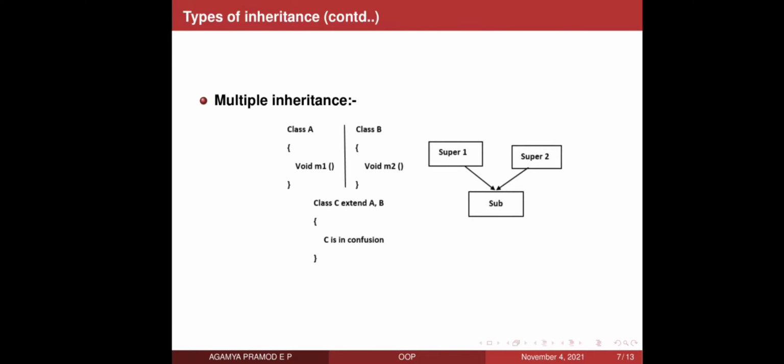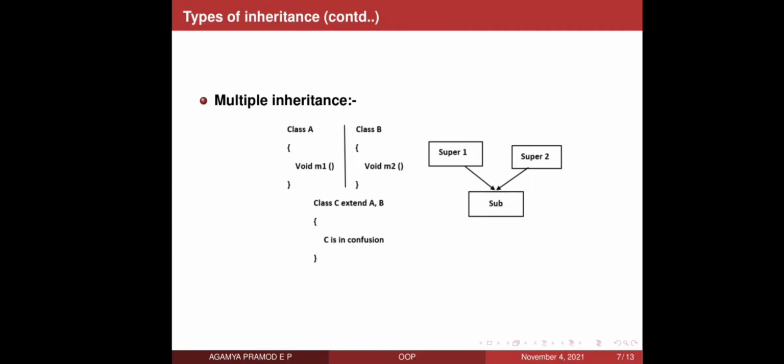And multiple inheritance. Java does not support multiple inheritance because there are two or more superclasses present and only one subclass, and the superclasses may have the same method, so the Java compiler cannot decide which class method should be inherited at a time.